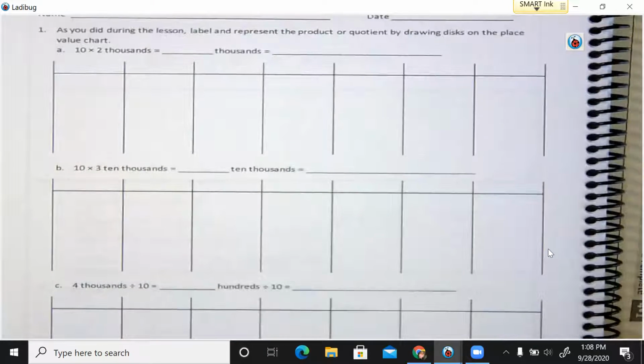Okay, so as you did during the lesson, label and represent the product or quotient by drawing discs on the place value chart. So just like we did before, we're going to label this chart in our book just like we did here.